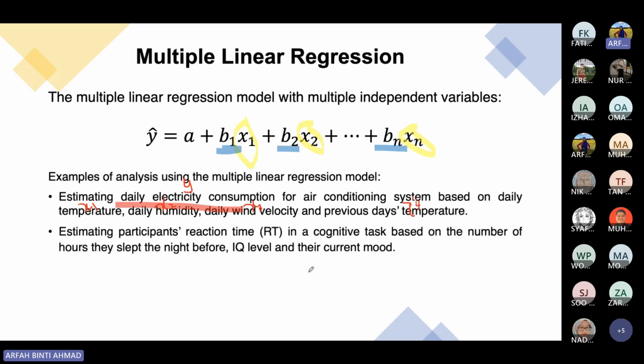Okay. So another example is estimating participant reaction time in a cognitive task based on the number of hours they slept the night before, IQ level, and their current mood. So we want to estimate the reaction time. And the associated independent variables are the number of hours they slept the night before, x1, IQ level is your x2, and current mood is your x3.